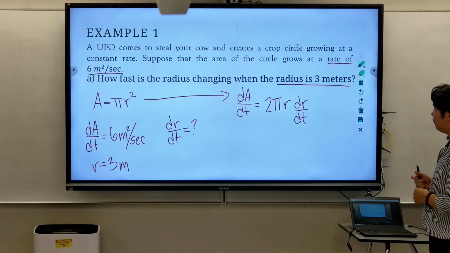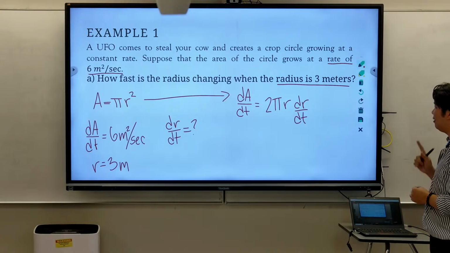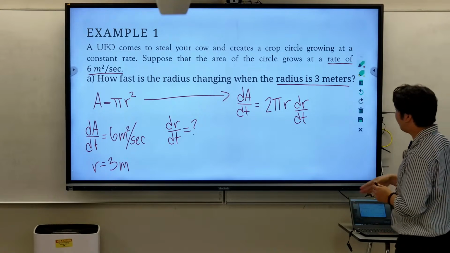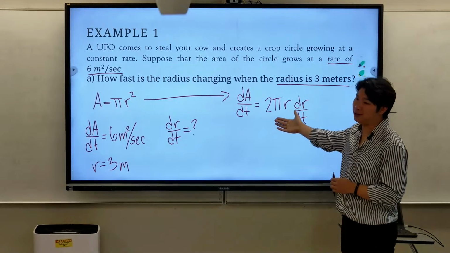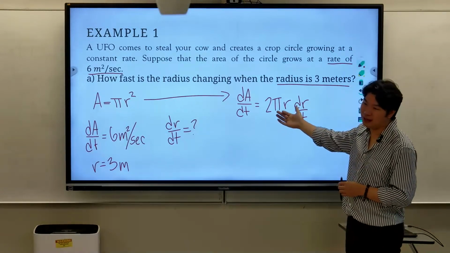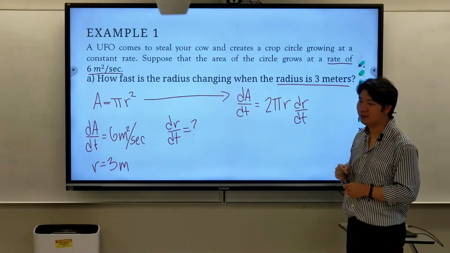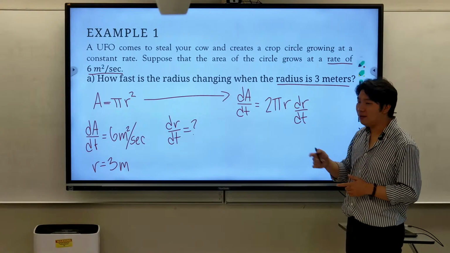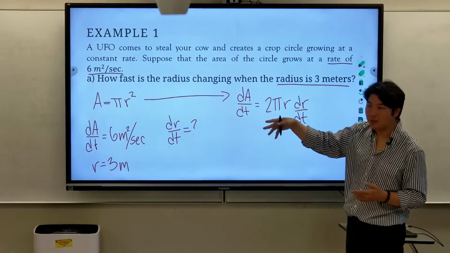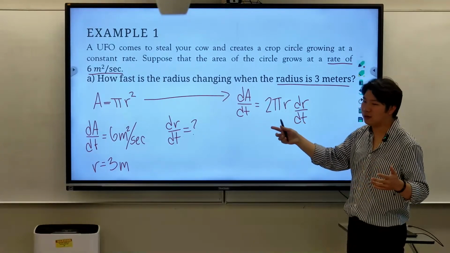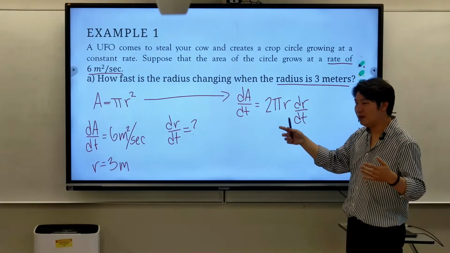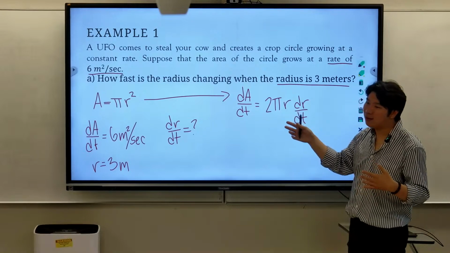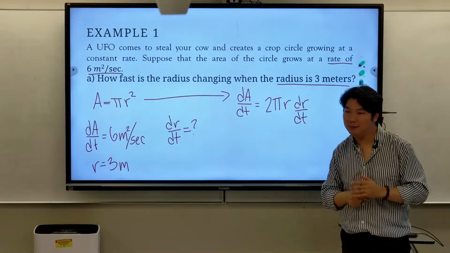All right, so before I move further, any questions about how I got this new equation? This is the derivative equation of the original. Yes, technically, power rule because we brought down the 2. Chain rule because we're not doing the derivative of time. We're doing the derivative of radius, r, with respect to time.